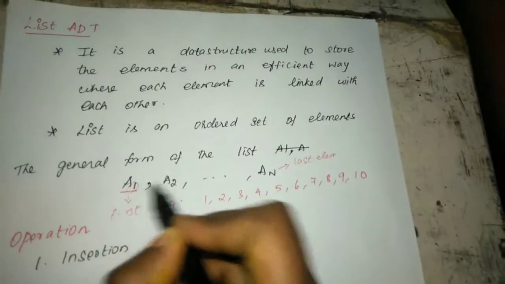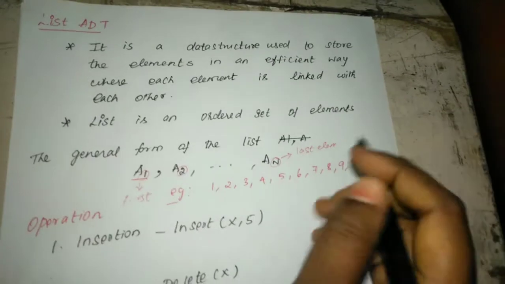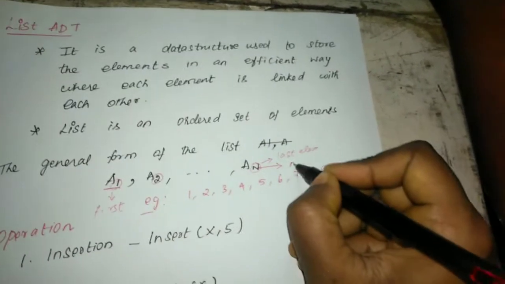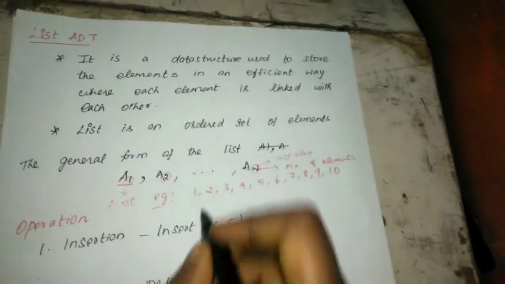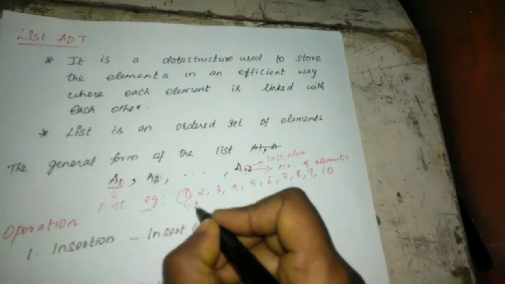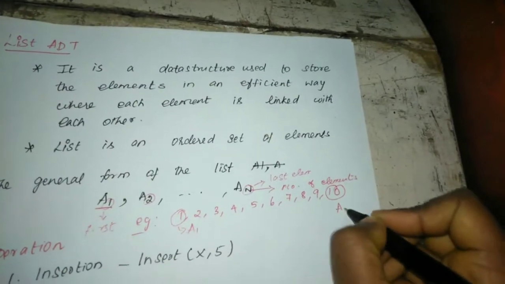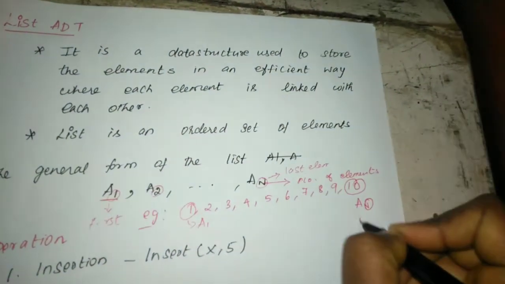The suffix tells the position of the element, and n is the number of elements in the list. Here 1 is A of 1 and 10 is the last element A of n. Here n is 10, so we can write it as A of 10.